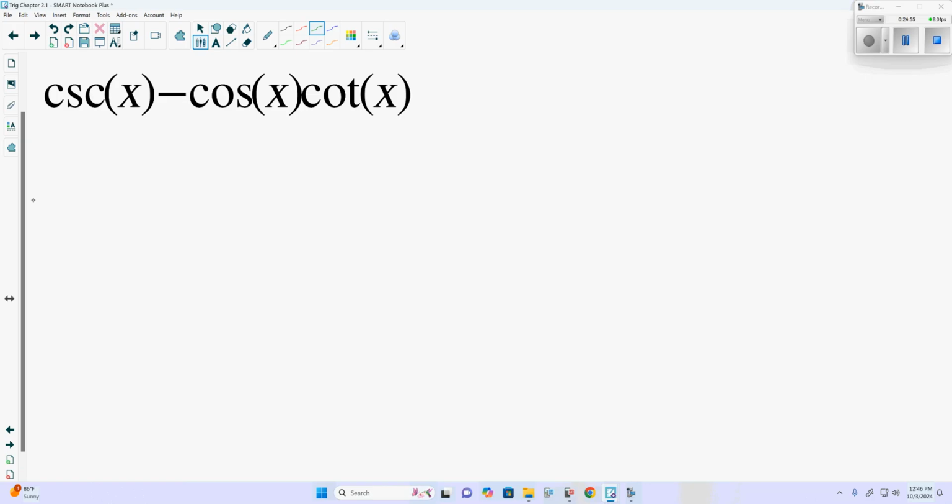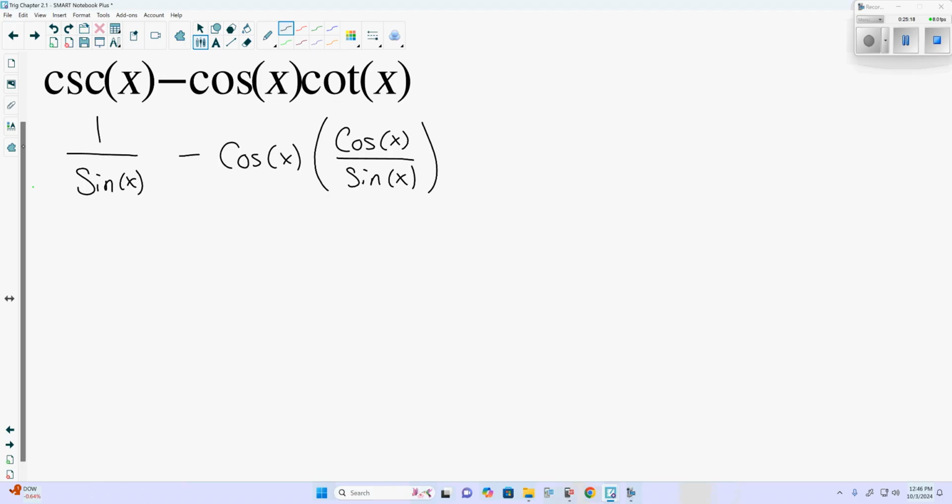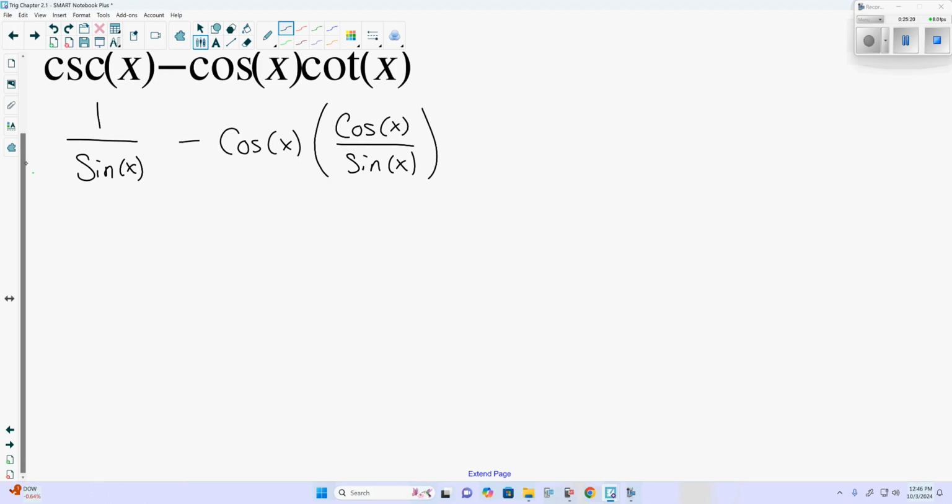Because if we look at this one here, even though we're using x, doesn't make a big difference. Cotangent is cosine of x over sine of x. Cosecant, well, that's the same as what? 1 over sine of x.